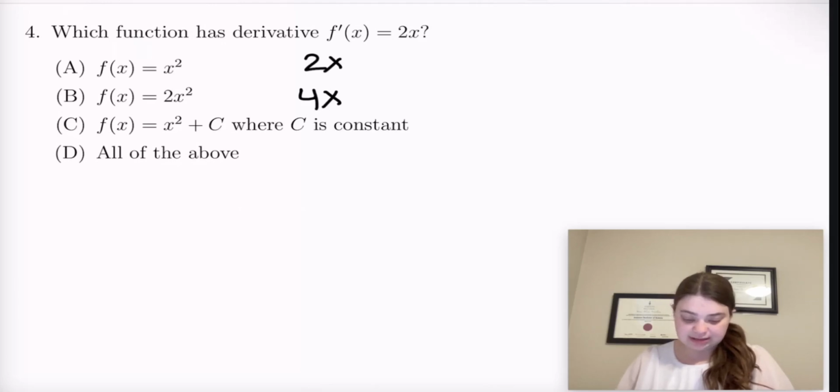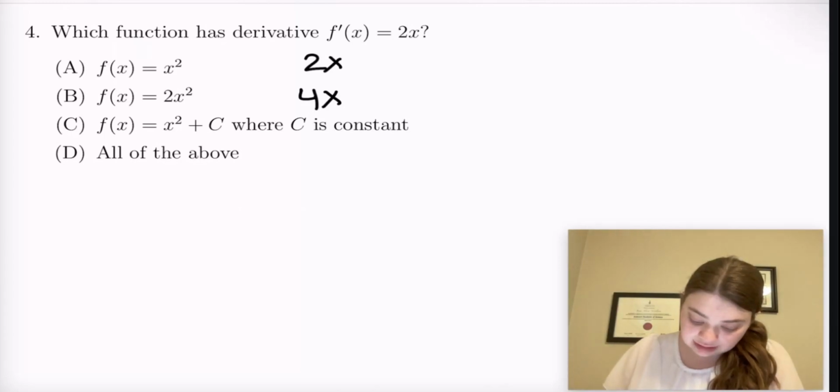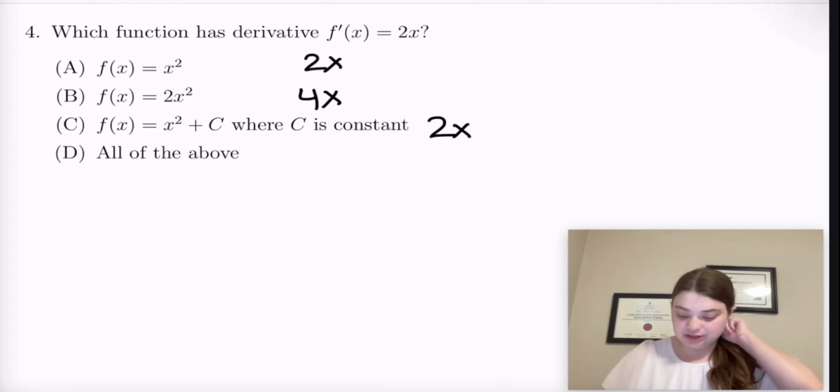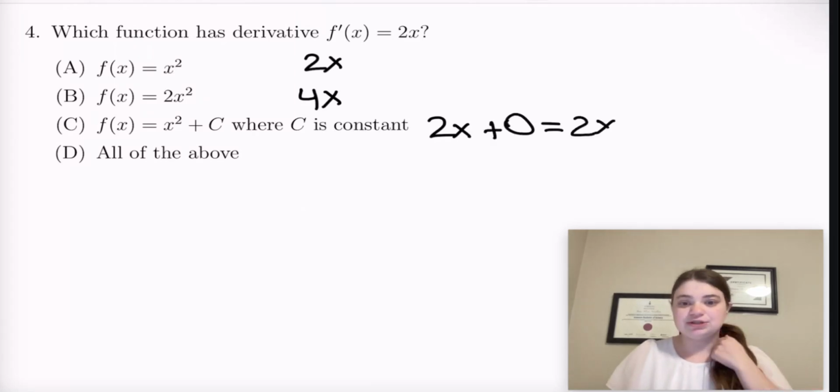The third one says f of x is equal to x squared plus c, where c is a constant. So the thing is, the derivative of x squared would be 2x, and then the derivative of the constant would just be nothing, right? So this would just be 2x plus 0, which is equal to 2x.